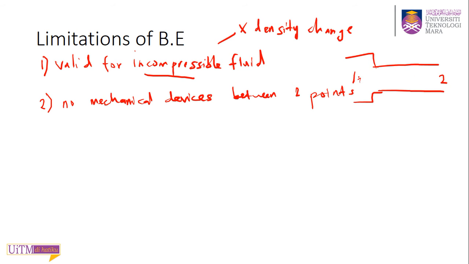Between these points there is no mechanical device, such as a compressor or pump, that can change the velocity or pressure because of the device. So there's no device, it's clean, nothing between these 2 points. So that's the second rule.